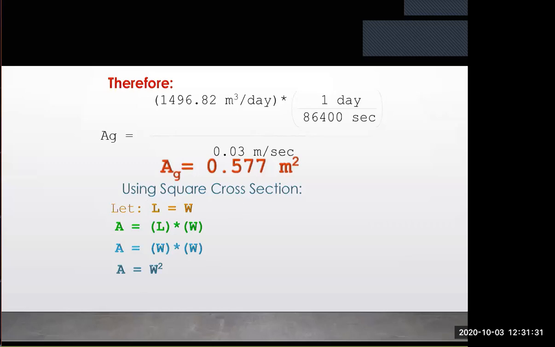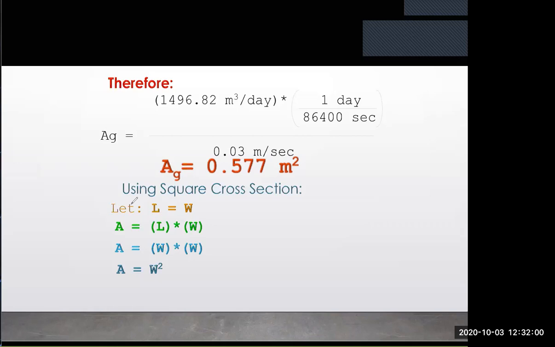Now, using a square section, it really depends on you whether you want a square, a rectangle, a heart section, pwede class, or a parabolic, okay, kahit ano pang shape ang gusto nyo, you can. You just have to assume that a certain length or width will comprise your area of the grit chamber.